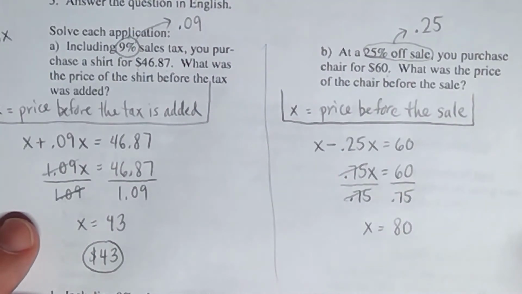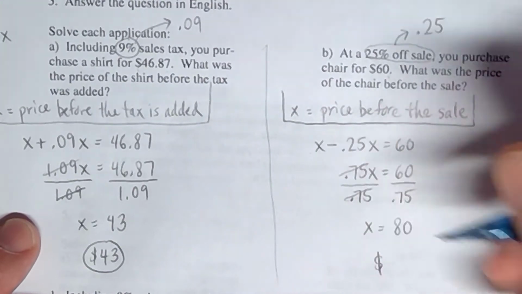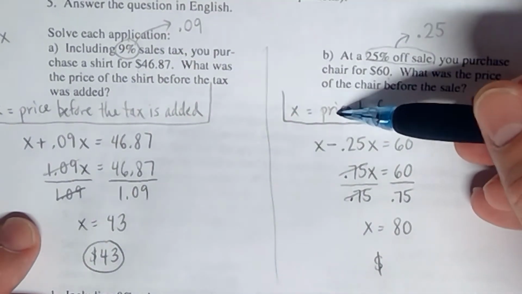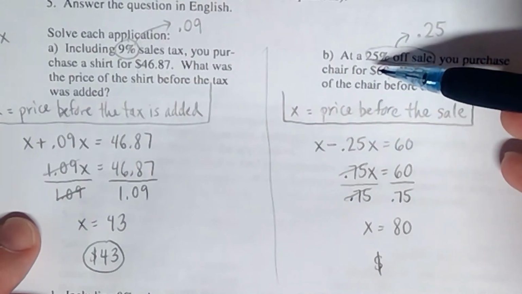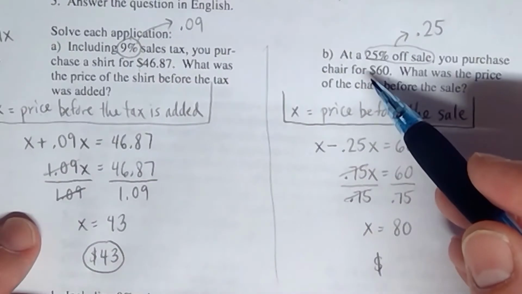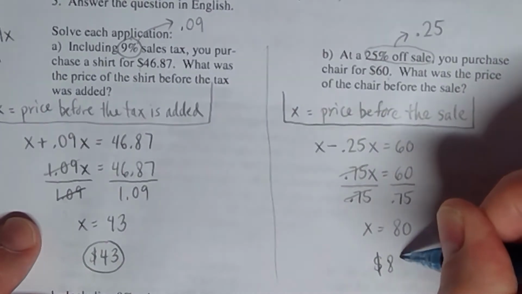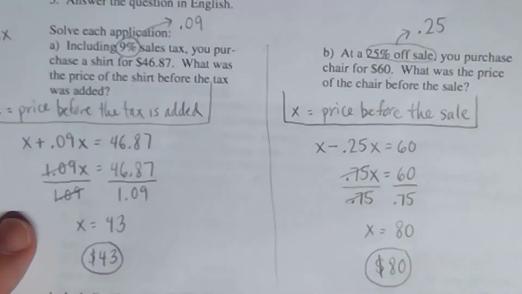So because it's price, and because price is a type of money, and because money is measured in dollars in this problem, as we see right here, and not cents, that's why we know that the 80 means $80, not 80 chairs or 80 something else.